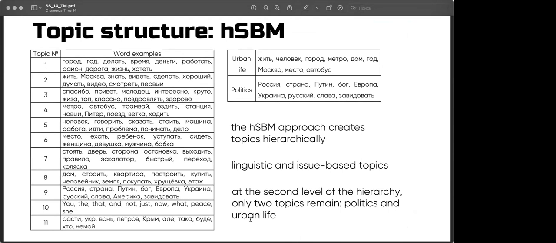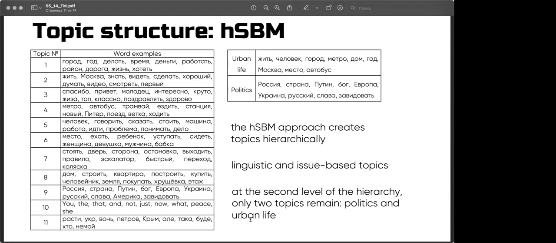So the topics and the word examples here are in Russian, and I am very happy to translate in case anybody needs that. But for now, I will just generally cover the patterns of distribution of words that I can see here.